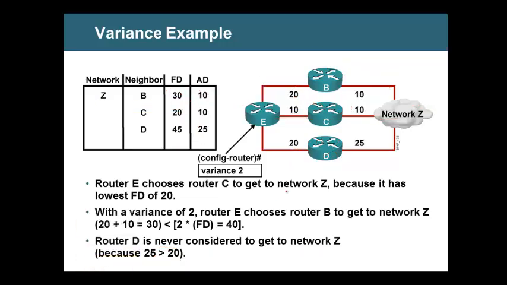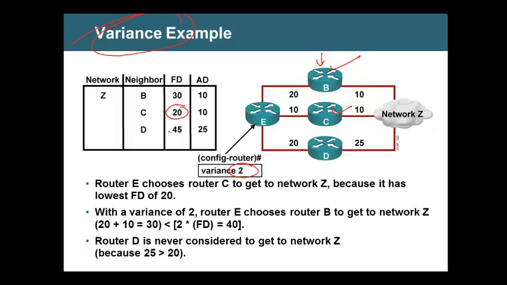Now we understood this is the successor and this is the feasible successor. But by default this will not be used for load sharing. By tuning the variance to 2, what we are saying is take the successor value.